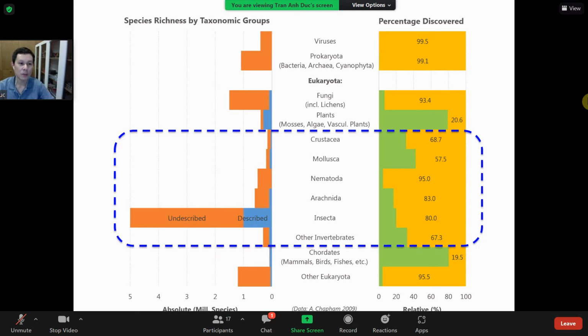So there are still a lot of species out there to be discovered. The opposite is true for the chordates or vertebrates, like mammals and fish. We know a lot about them. The main reason is that mammals, birds, and fish are usually big animals, so we can spot them easily in nature. But most invertebrates are very small and usually hidden somewhere, so we still have not discovered them yet.